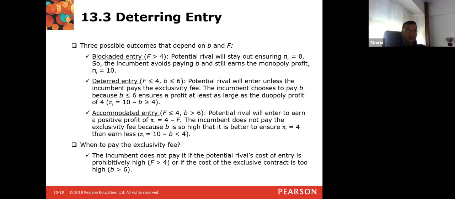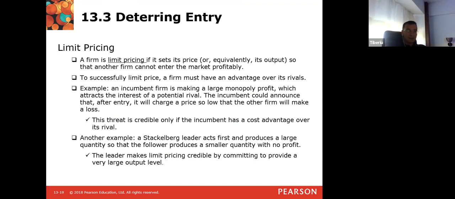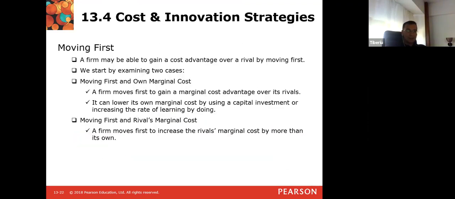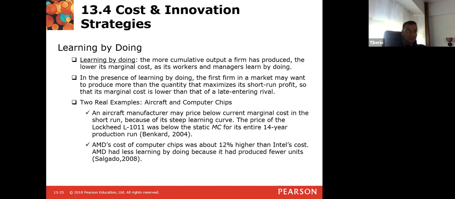We have another example. Cost and innovation strategies. Learning by doing: the more cumulative output a firm has produced, the lower its marginal cost, as its workers and managers learn by doing.